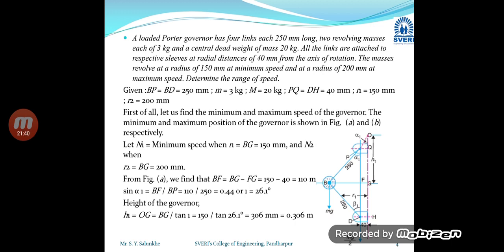This BG we know, we just have to calculate OG. So OG is equal to 150 divided by tan alpha 1, where alpha 1 we have calculated as 26.1 degree, and hence we get the value of OG as 306 millimeter. That we are going to convert into 0.306 meter.